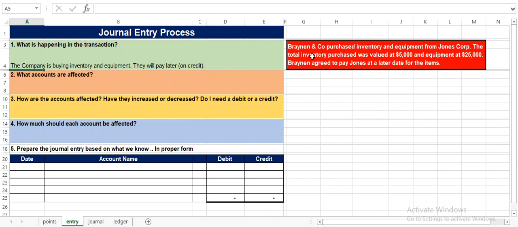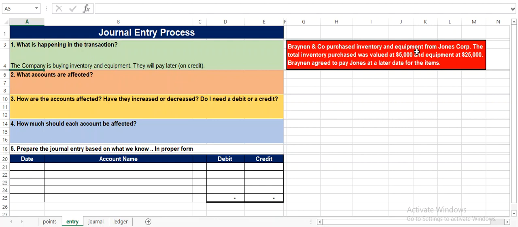Next, we're going to ask what accounts are affected. Based on the transaction that's happening here, I would automatically know that there are more than two accounts affected. Why? Because they already talk about inventory and equipment. We wouldn't put the two of those in the same account because they're two different things. They spell them out differently, so that has to suggest that there are two different accounts, two different types of things.